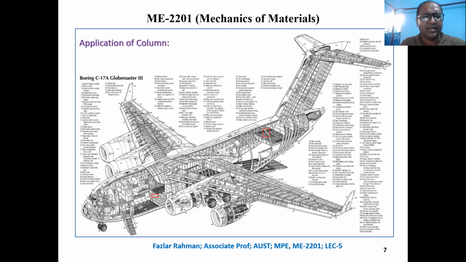A lot of structure you will see works like a column. For example, in the tail, you see some member going at a certain angle, going upward. All of the weight of the rear wing applies compressive load in those structures, so they carry compressive load. That means they work like a column.